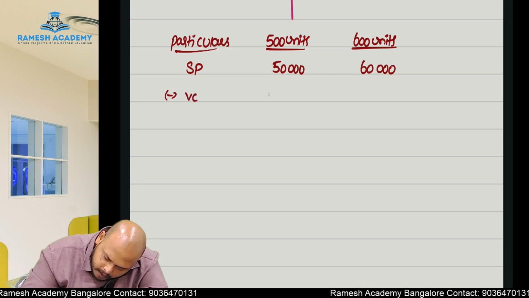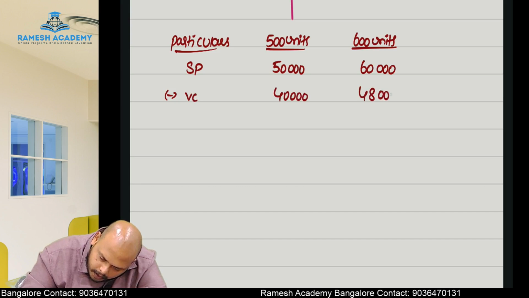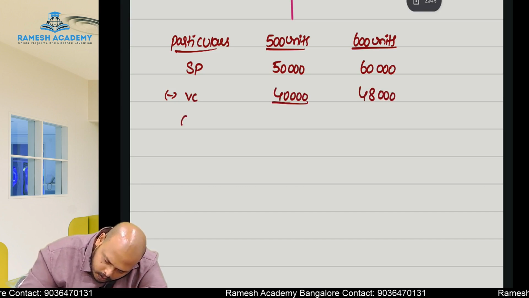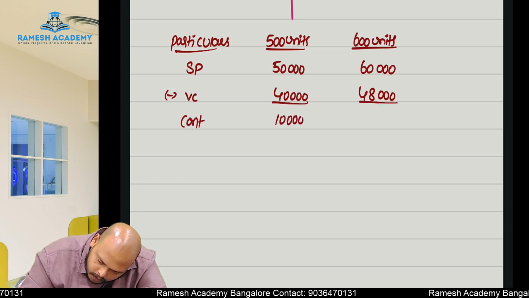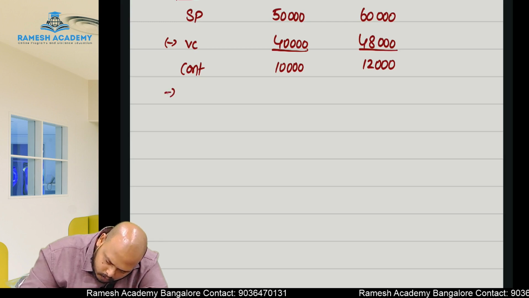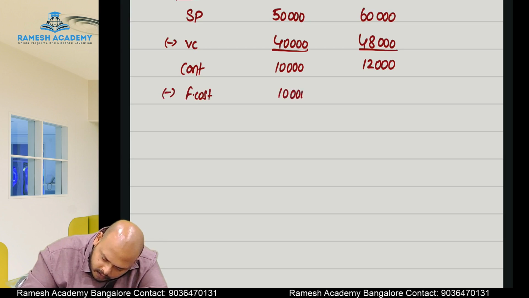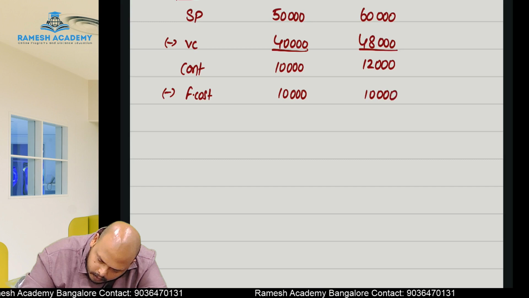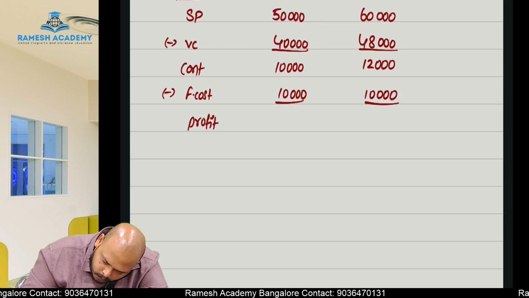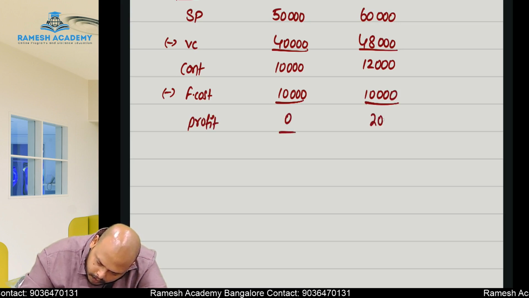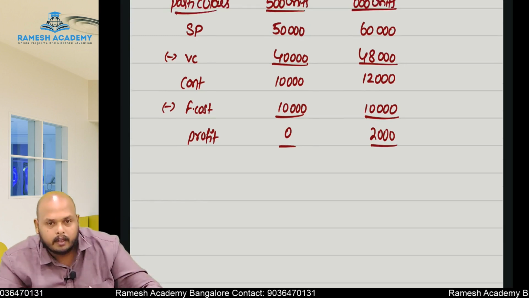Minus variable cost: 40,000 and 48,000. Contribution: 10,000 and 12,000. Minus fixed cost: 10,000 in both cases. That is nothing but profit: 0 here and 2,000 there.